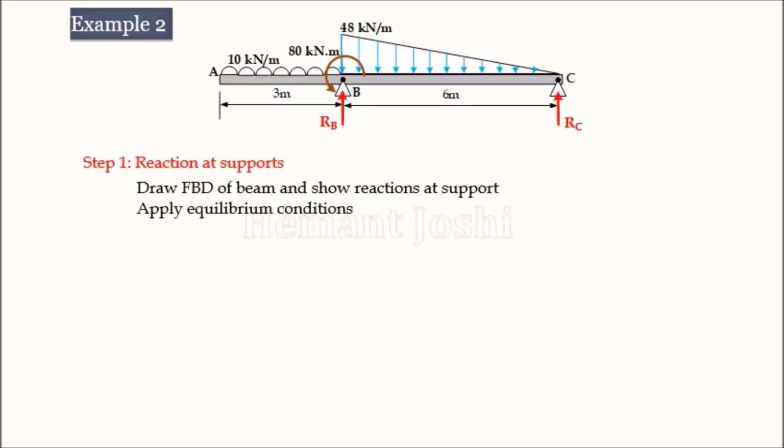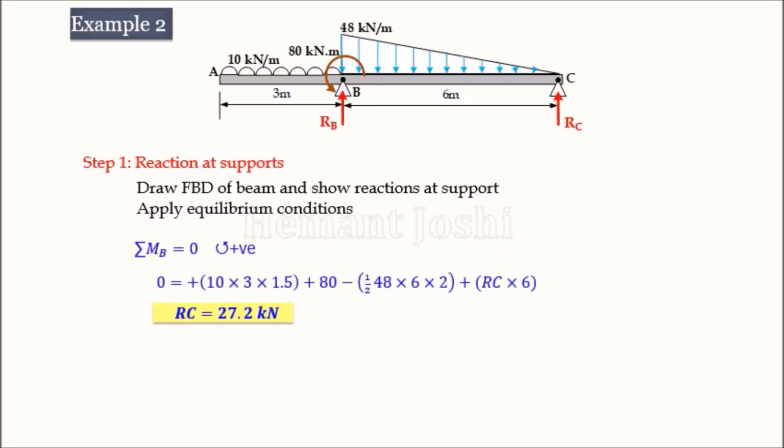I am showing these two reactions RB and RC, and we apply the first equilibrium condition of moment. We will take moment at point B so that the reaction at C can be found immediately. So writing that equation, moment at B. There is a UDL, a rectangular load. The UDL is 10, distance is 3. So intensity into distance is the total UDL.